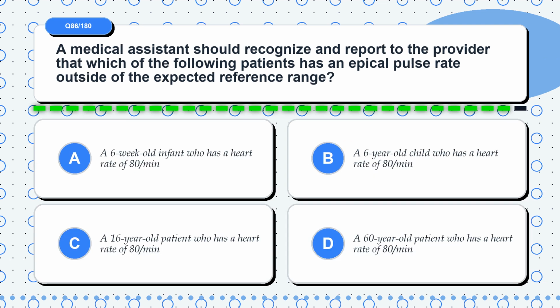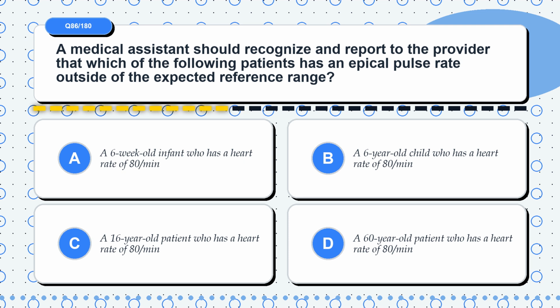Question 86. A medical assistant should recognize and report to the provider that which of the following patients has an apical pulse rate outside of the expected reference range. Here are the options. Option A, a 6-week-old infant who has a heart rate of 80/min.